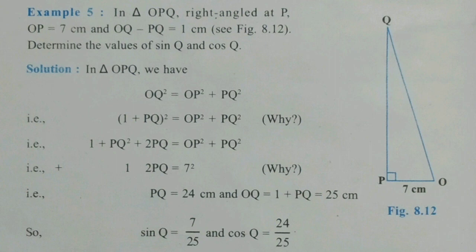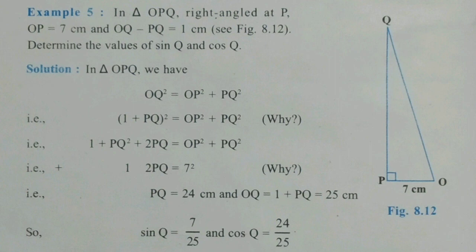We have to find out values of sin Q and cos Q. Now applying Pythagoras theorem, we get OQ square is equal to OP square plus PQ square, and substituting the value of 1 plus PQ in place of OQ, we get 1 plus PQ square plus 2PQ is equal to OP square plus PQ square. Striking out PQ square from both the sides, we get 1 plus twice PQ is equal to 7 square, which is equal to 49.